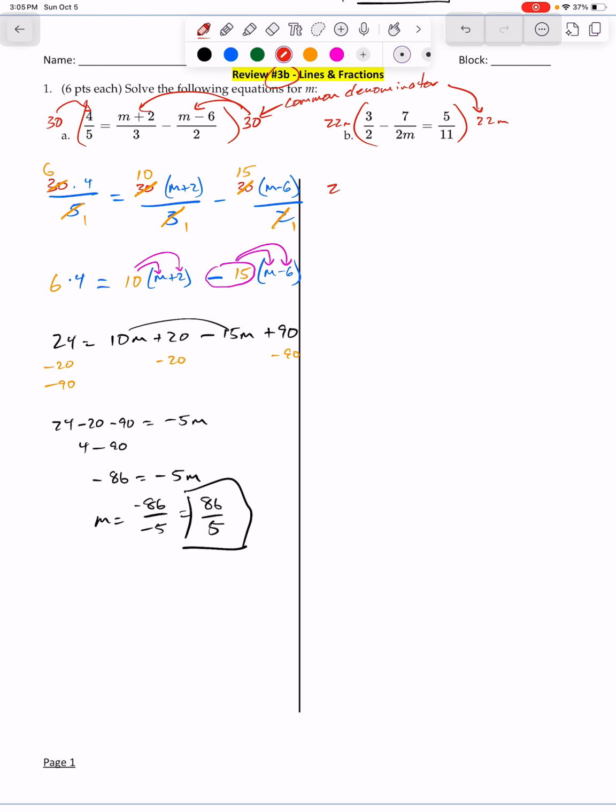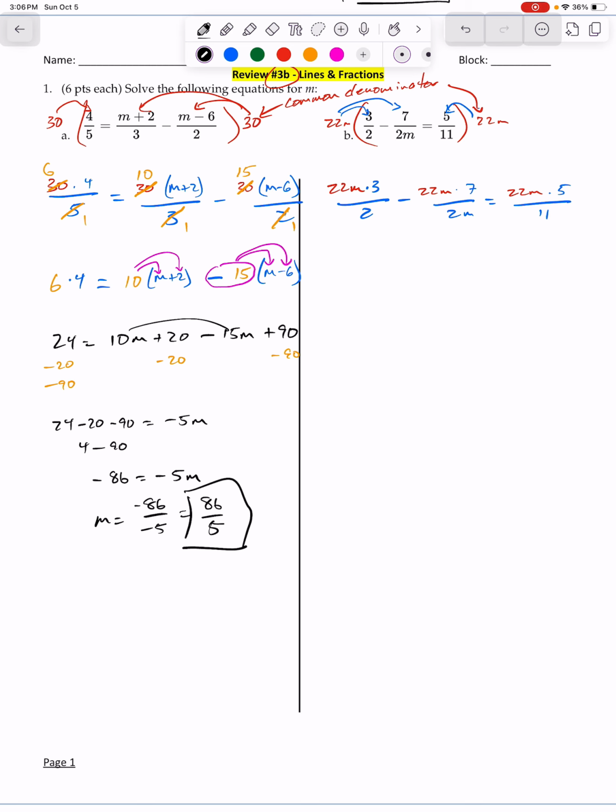So I'm going to do 22m times 3 over 2 minus 22m times 7 over 2m, because remember I'm distributing this to everything, equals 22m times 5 over 11.